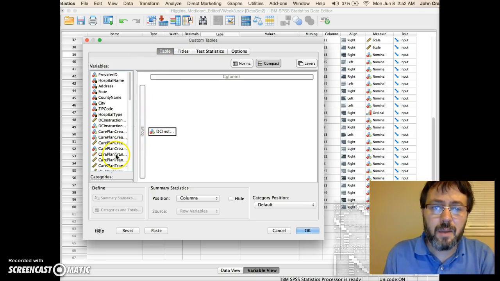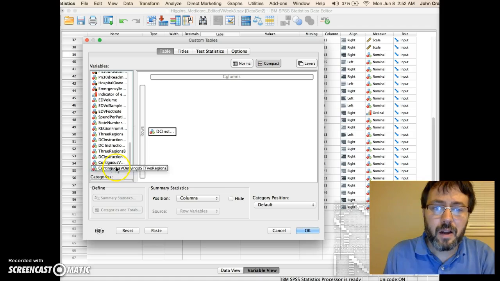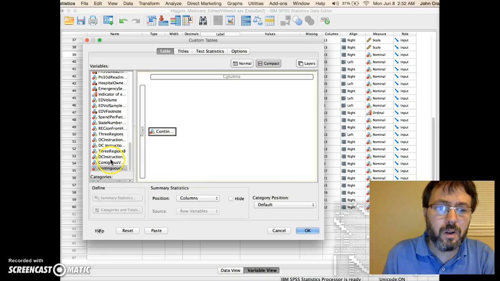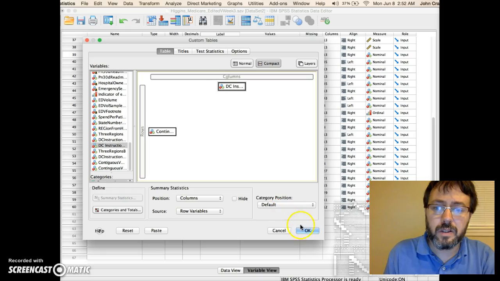And in this table, let's pick our contiguous versus the outlying United States. And we'll make that a row. I'll take away an old variable that I had in here from before. And now we want to compare it to our discharge instructions that we split into our 2 categories.